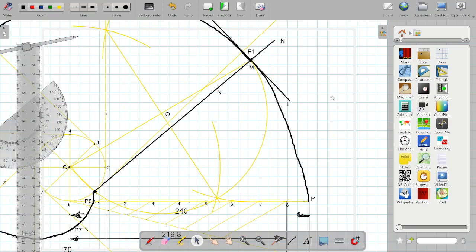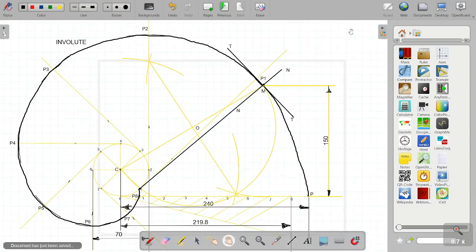So this completes the problem in all respects. If you want, you can also give one more dimension, that is this one, wherein we have taken this point M at 150 mm above the ground. So you can show the dimension.